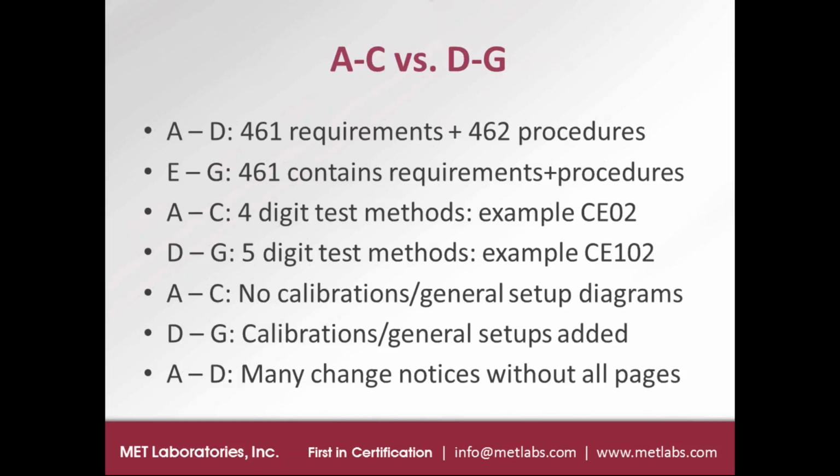Also to note, versions A through C of the standard didn't include test system calibration procedures or requirements. Starting with version D and on, they introduced a test system calibration for each test method, which is very valuable, and I feel it was one of the great enhancements of the standard.